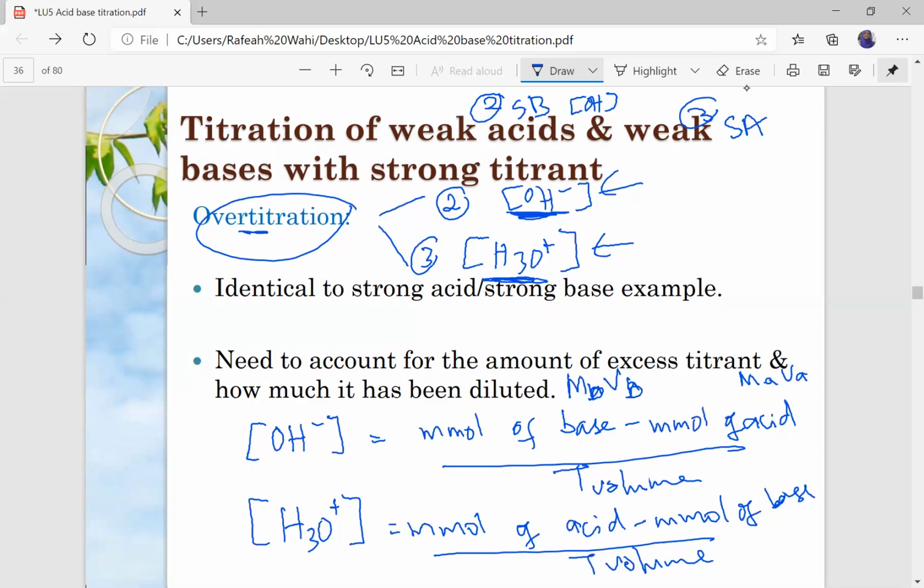Case 2, titration between weak acid and strong base. And case number 3, titration between weak base and strong acid. So they will have different results and different calculations. You need to take note of all the formulas for each of the cases.